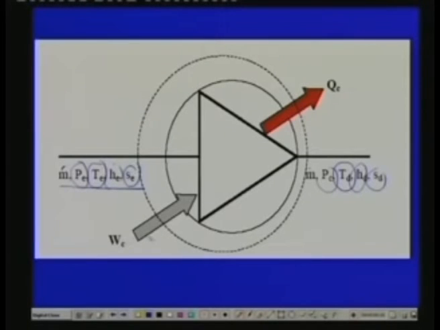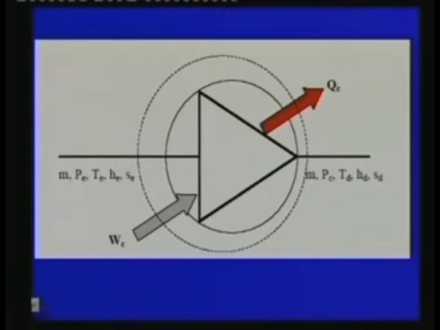And you have a net amount of work input WC supplied to the compressor, and a net amount of heat transfer QC takes place from the compressor to the surroundings. For reversible adiabatic case, this is equal to 0, and if you assume that delta KE and delta PE, that is kinetic and potential energy changes across the control volume, are negligible, then you can easily apply the energy balance.